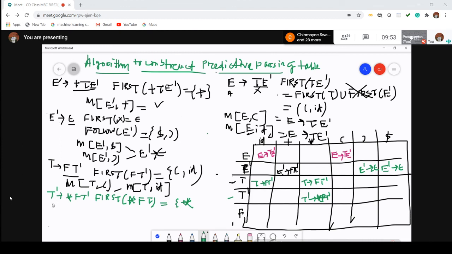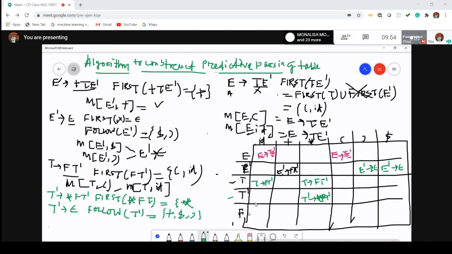Next production is T dash to epsilon. If an epsilon production is there, I have to calculate the follow sets. What is the value of follow for T dash? It is plus, dollar and right parenthesis.